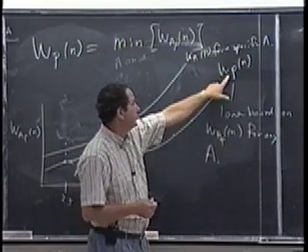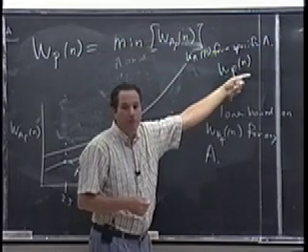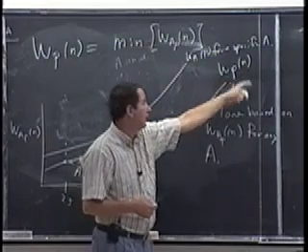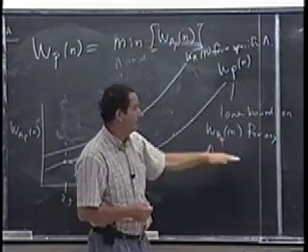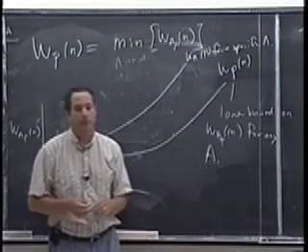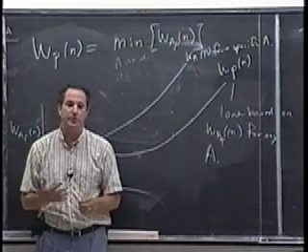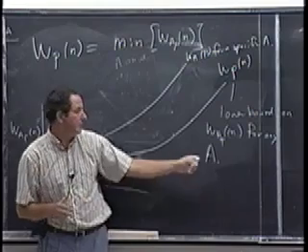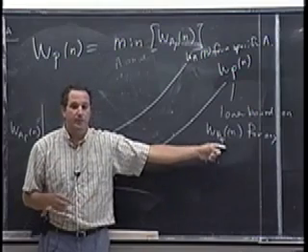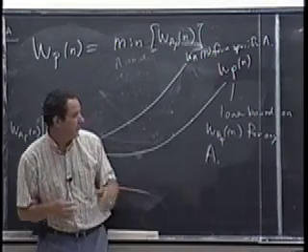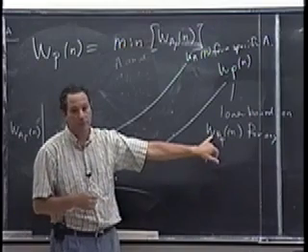We can come up with a function W_P(n), which is a lower bound on W_A(n) for any A. And what it's getting at is the inherent complexity of solving problem P, at least within the confines of the worst case viewpoint. That's what the W is doing here.